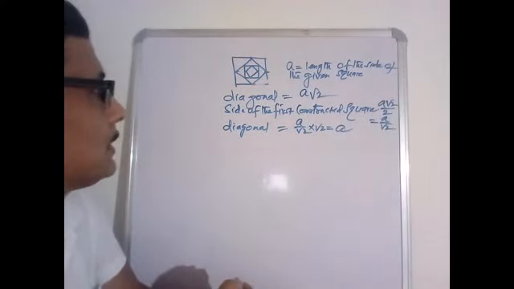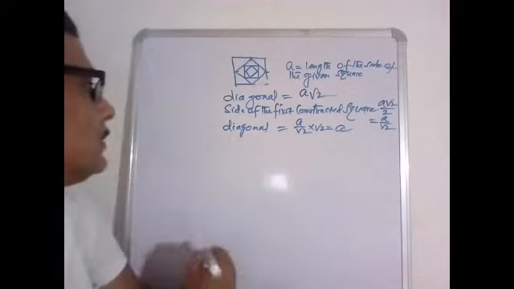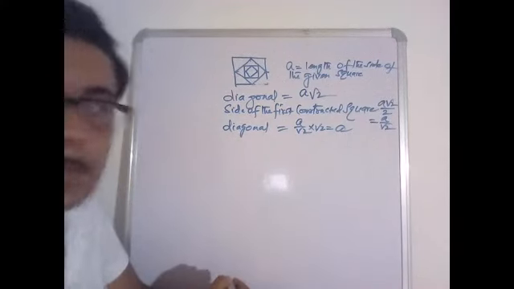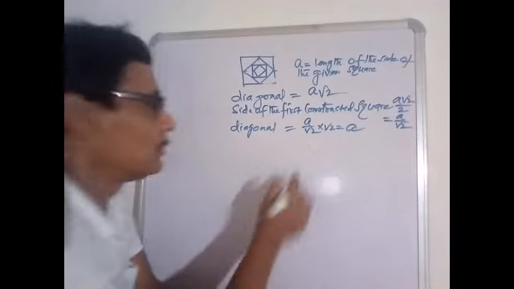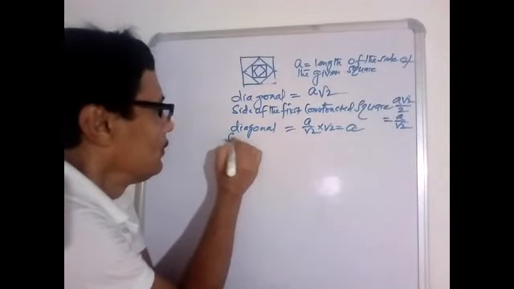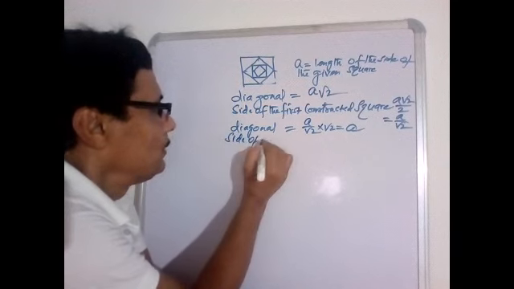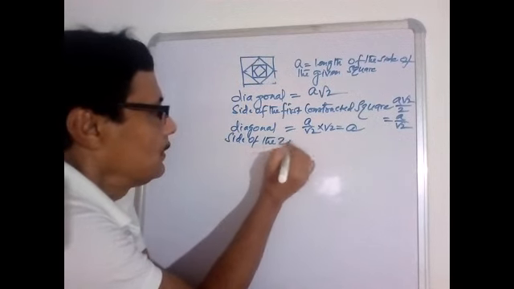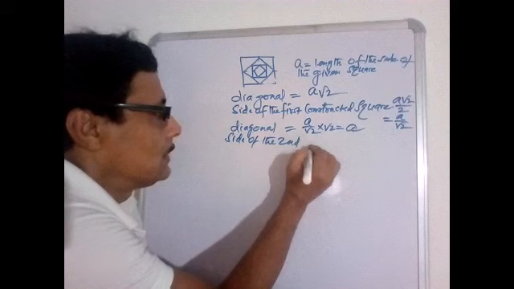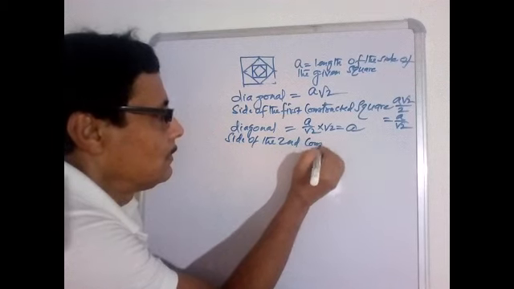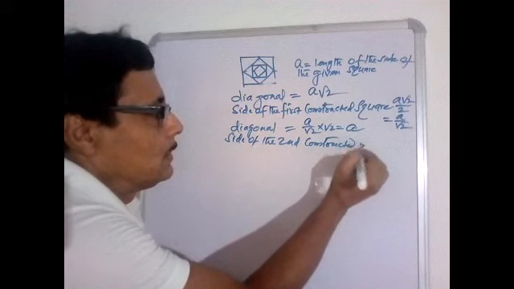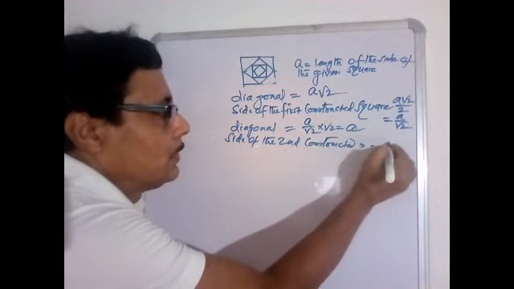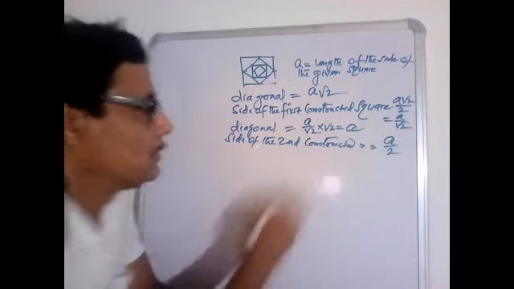Side length of the second constructed square is half of the length of the diagonal of the first constructed square. Side of the second constructed square equal to A divided by 2.